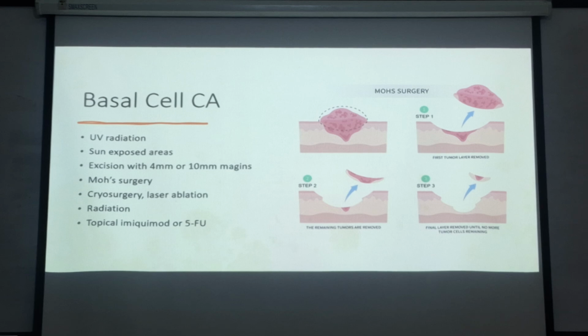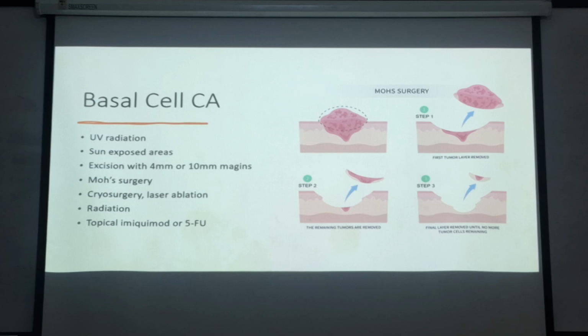So this is usually employed in areas wherein cosmetic or functional consequences are going to be catastrophic if you remove a significant amount of tissue. For example, the face. If you have, let's say, squamous cell carcinoma or basal cell carcinoma of the lip, you're not going to remove 3 centimeters right away.